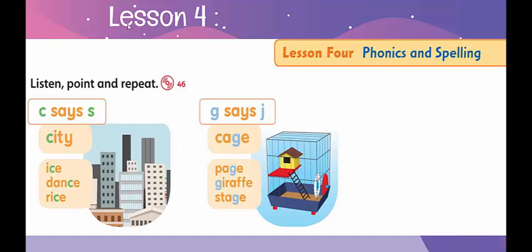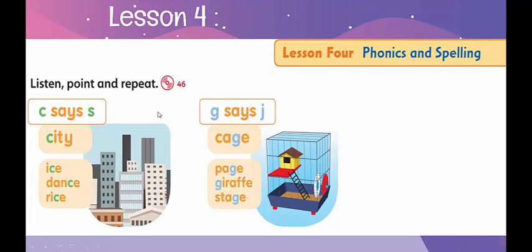And the next letter, G. The first word, cage, cage. As you can see, in the cage we can protect animals or birds. The next word, page, page. The book consists of 55 pages.